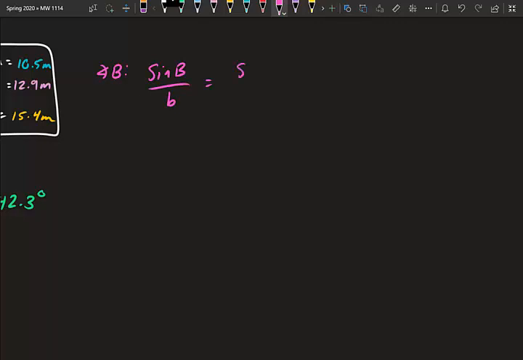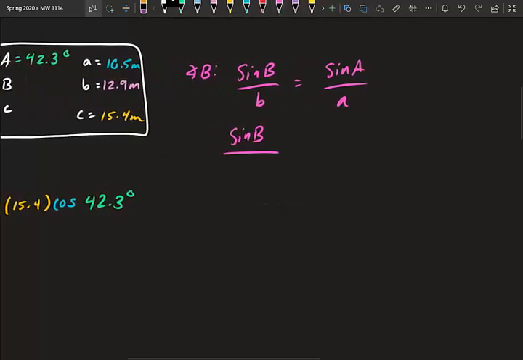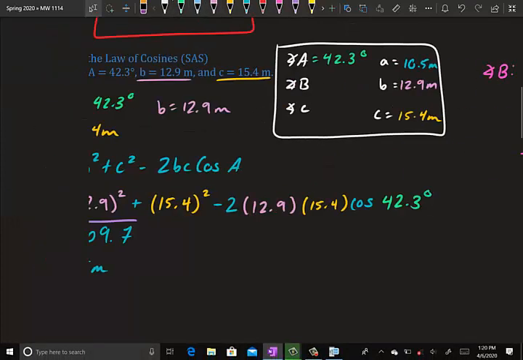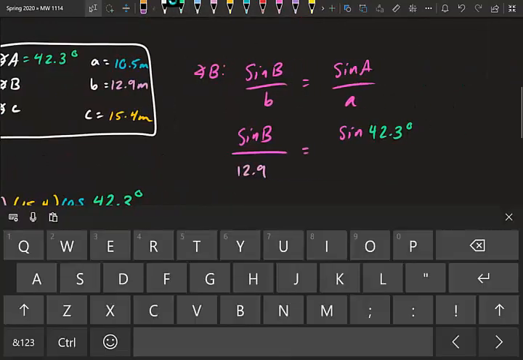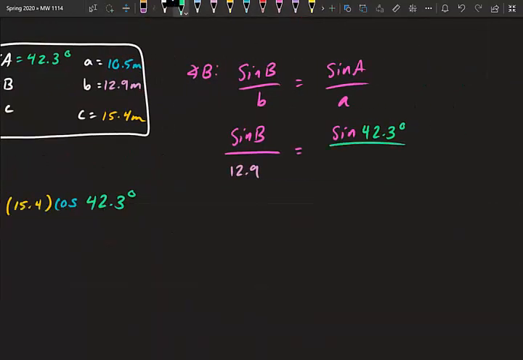Since we're given A, let's use sine A over A. So we have sine B over our B, which was 12.9. And that equals sine A, which is 42.3 degrees. And that's over A, which we just found, of 10.5.